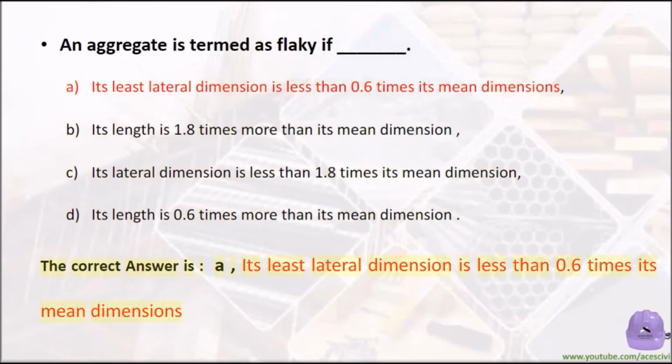The correct answer is A. Its least lateral dimension is less than 0.6 times its mean dimension.